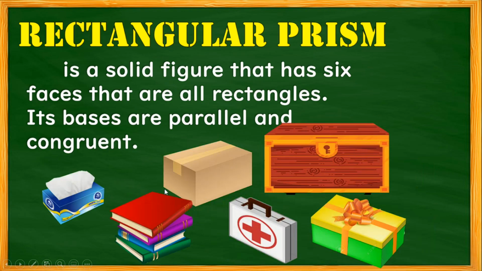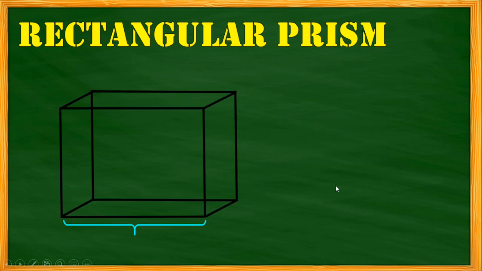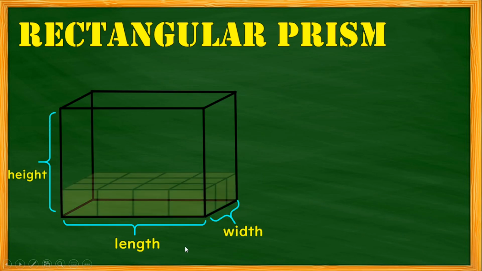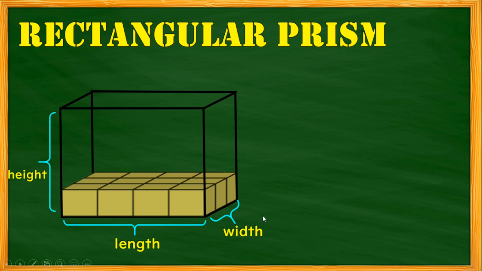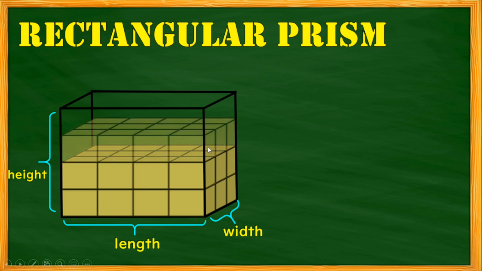So these are examples of a rectangular prism: a box of tissue, a med kit, a box of gift, and a treasure box. Now, a rectangular prism has a length, a width, and a height. So it can fill cubes inside of it.